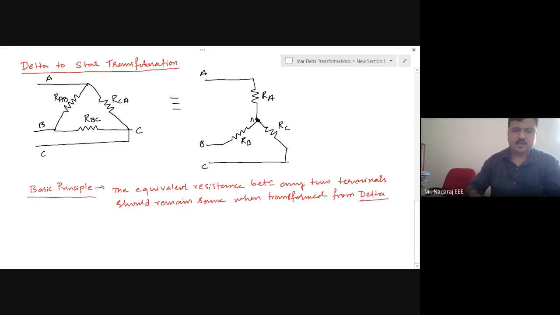Because we are dealing with delta to star, we will take delta to star. So the equivalent resistance between any two terminals should be the same when transformed from delta to star.